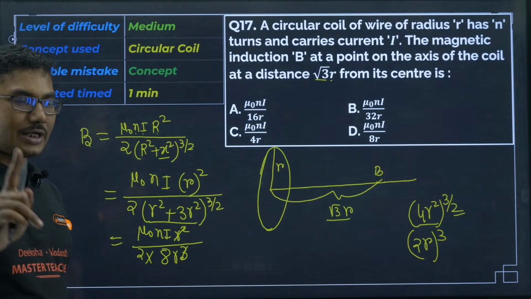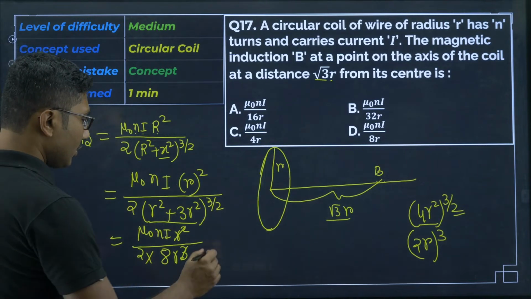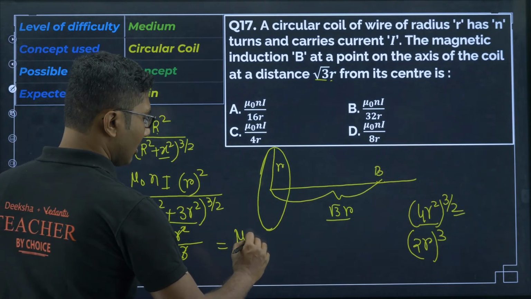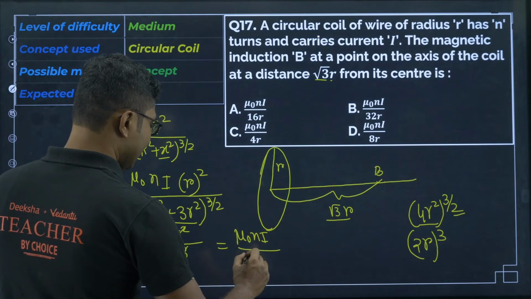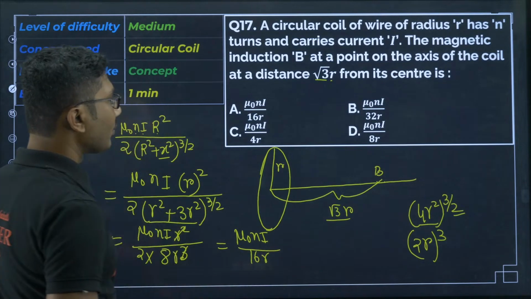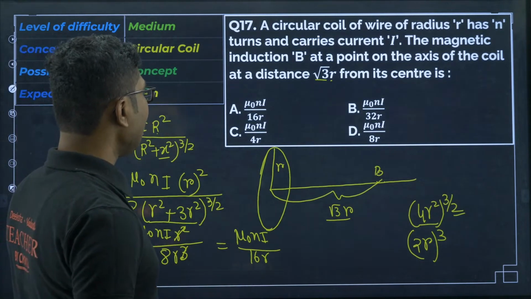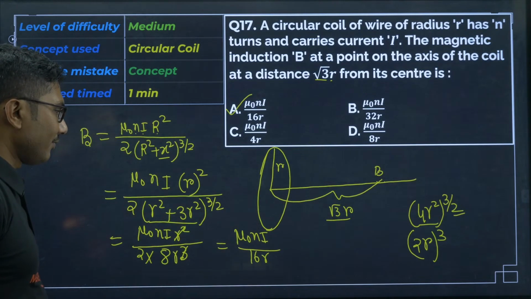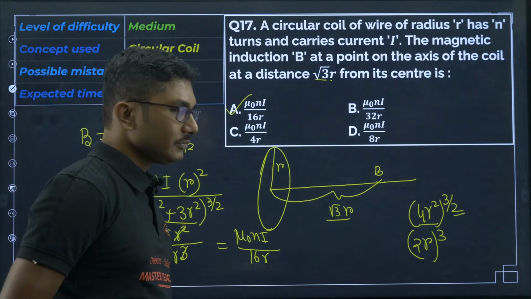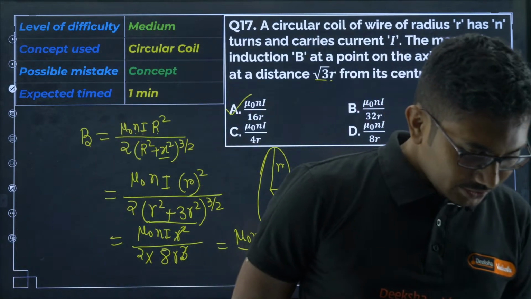So, only one extra r in the denominator will be left. So, it will be mu naught n I divided by 16 r. So, mu naught n I by 16 r, option A is the correct answer for this question. Interesting question. Study hard.